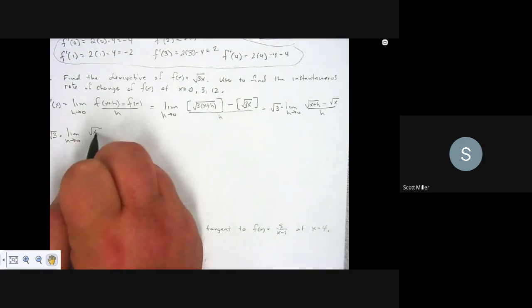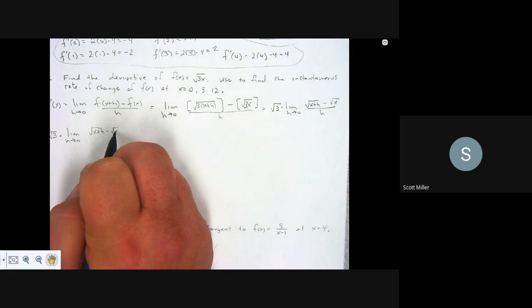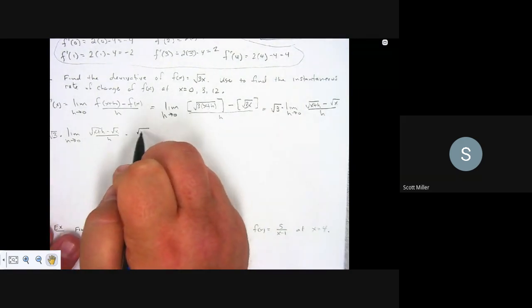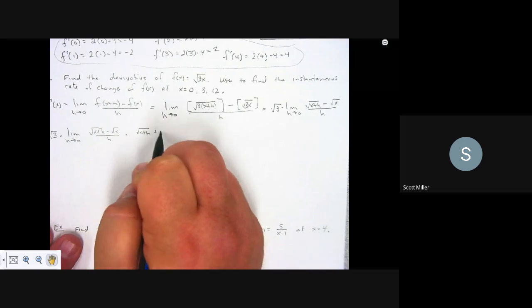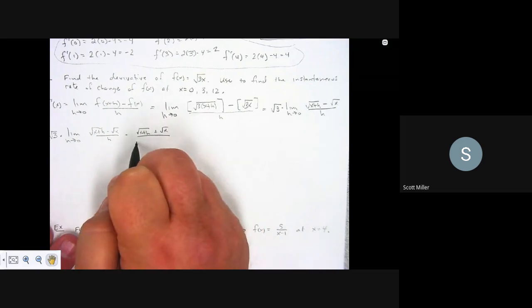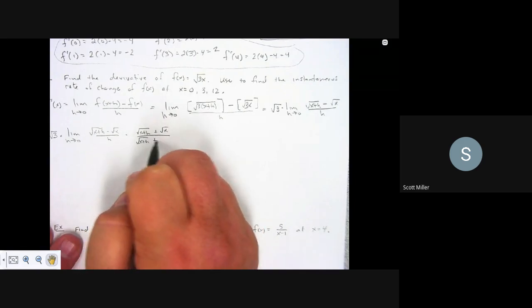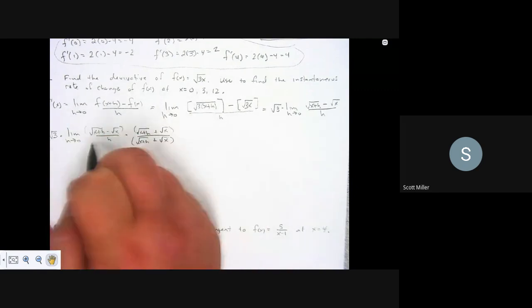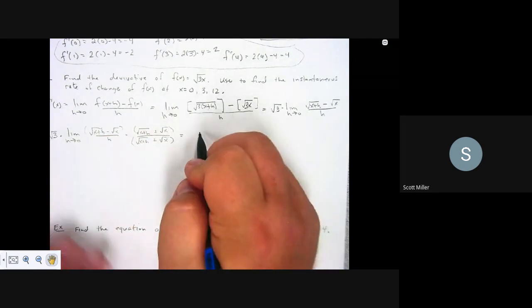And you'll have the square root of x plus h minus the square root of x, over h, and we're going to times it by the conjugate, the square root of x plus h plus the square root of x. So this quantity times that quantity, and you end up with this right here.